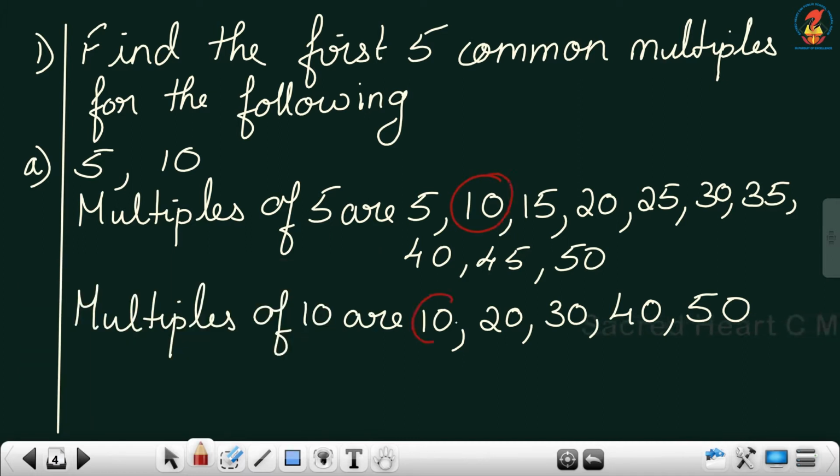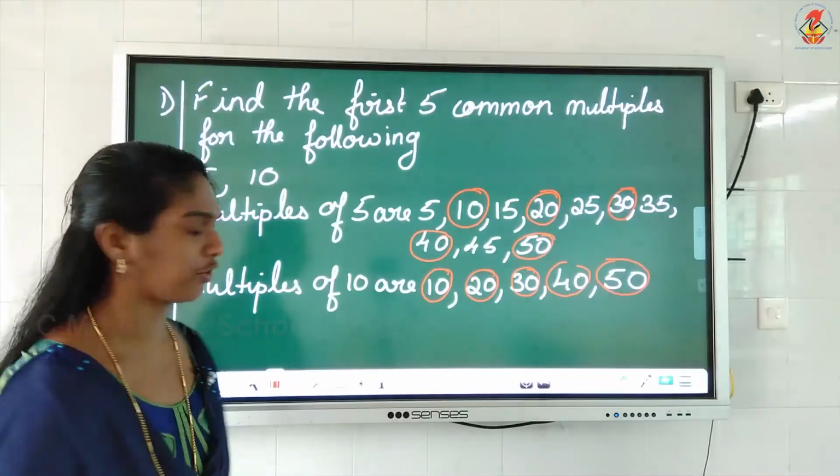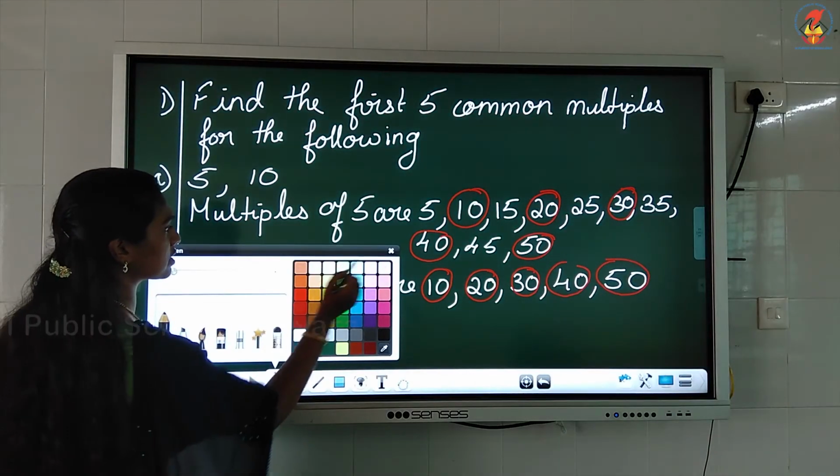First one, 10 is the first one. Then the second common multiple, the third, the fourth, and the fifth one. I need the first 5, not any 5. My question is first 5. So, what are the common multiples?